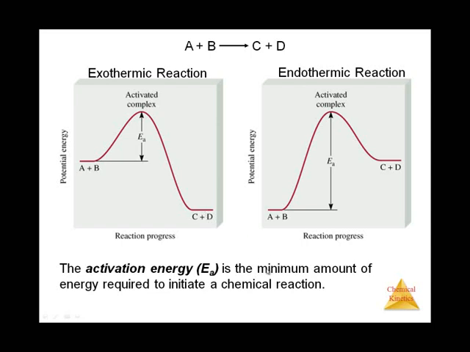Okay, so the activation energy is the minimum amount of energy. It doesn't matter whether it's an exothermic or an endothermic process. There's still some amount of energy. So here where I'm endothermic, I've got to put energy in. It's this whole distance that is my activation energy, because I got to go from where I am to the activated complex. Okay? And if you remember, it's just this distance here that's going to be my delta H. It would be this distance here that would be my delta H over this side.